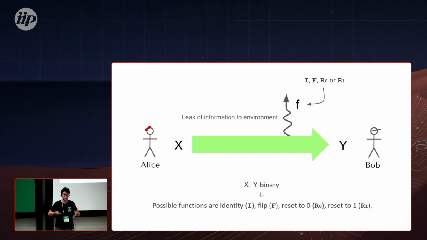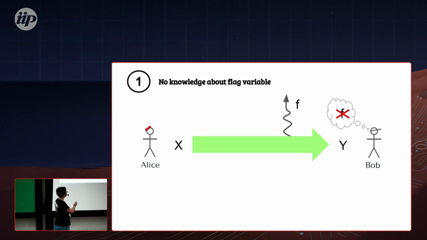So let's look at a few possibilities of whether Bob obtained information about this flag variable or not. The first possibility is when Bob has no knowledge about the flag variable. So it's just the usual type of communication channel that people study. In this case, the best characterization that Bob can make of this green channel is a conditional probability distribution P of y given x.